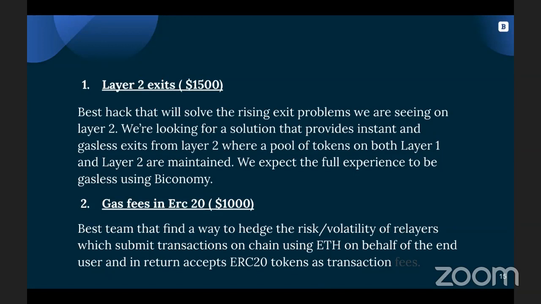And one way of doing this is by maintaining a pool of tokens on both layer 1 and layer 2, and by making a bridge between layer 1 and layer 2. And let's say someone exits from layer 2, so they transfer those tokens to you, and you get to have those tokens in your pool, and on layer 1 you instantly release the corresponding tokens, and you could charge maybe some transaction fees for enabling the instant exits.